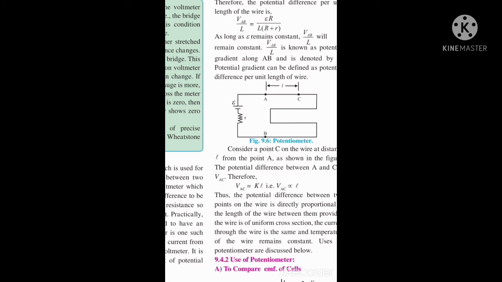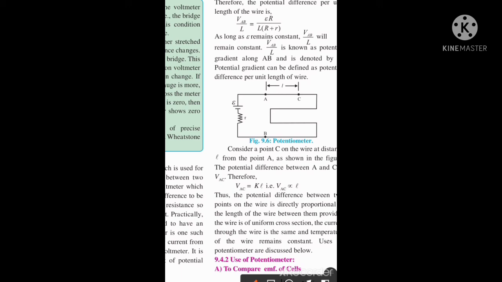As long as E remains constant, V_AB upon L remains constant. Means if the EMF supplied by the cell remains constant, then the potential difference per unit length of the wire remains constant.